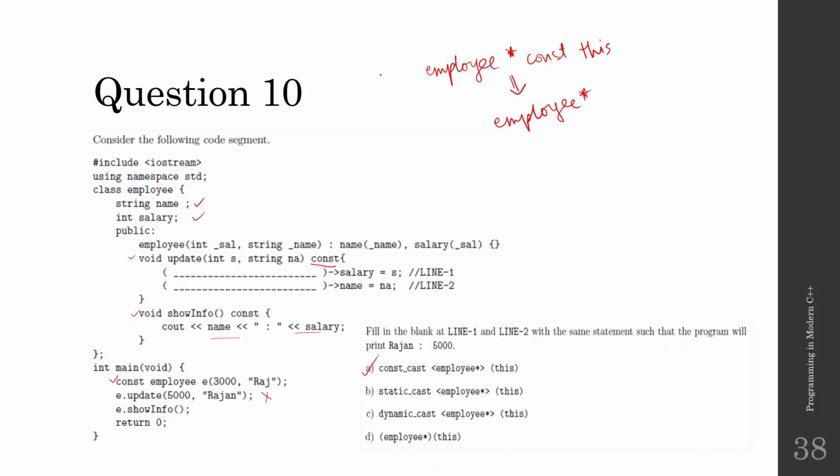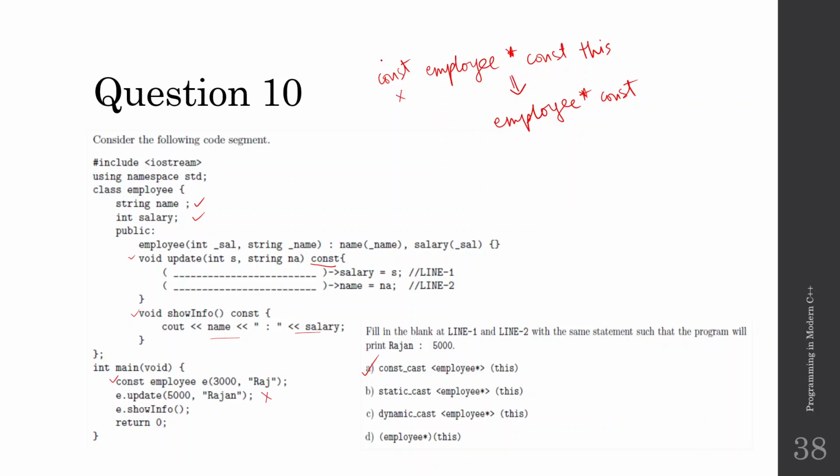Wait, so this is actually const Employee star const this, and then we are converting it to an Employee star const pointer. So we are removing the first constness.